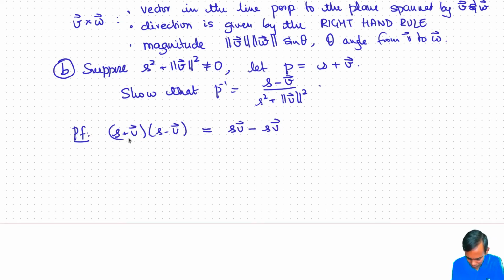S commutes with V because the identity matrix commutes with everything. And then we have S squared, of course, and then the term V dot V, minus V cross minus V squared, minus V cross V.